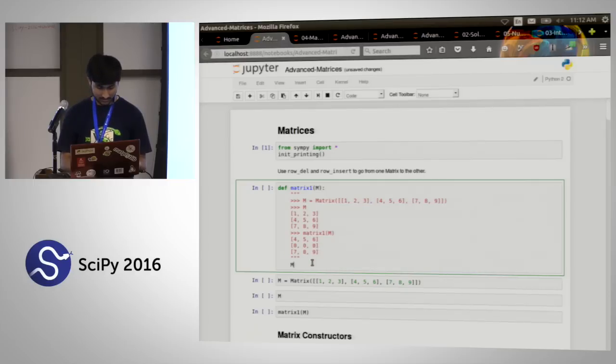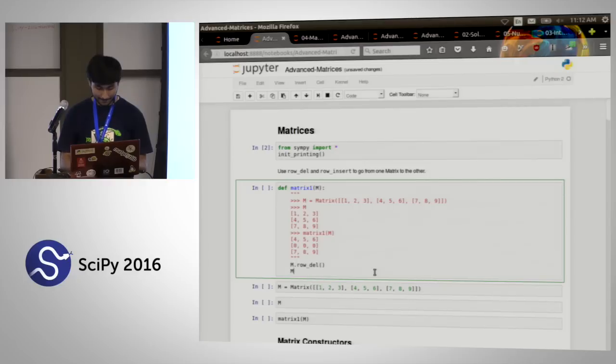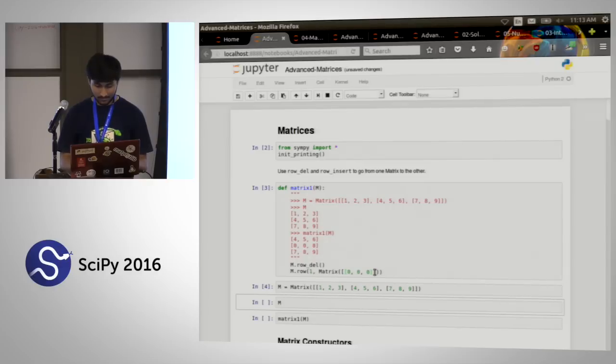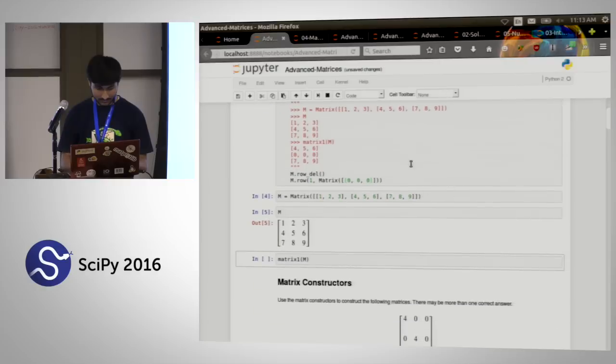So what we can do is delete it, and then we can insert at the first position. Yeah, of course, you need to return this.